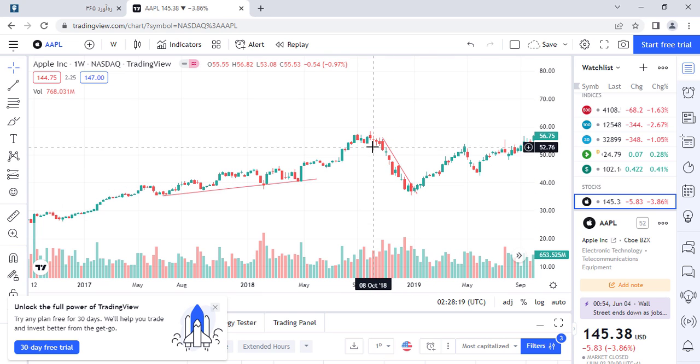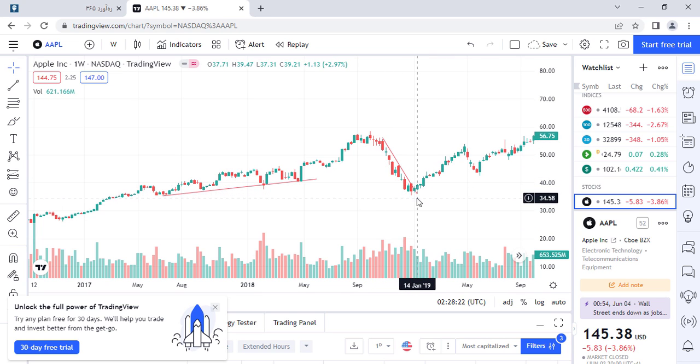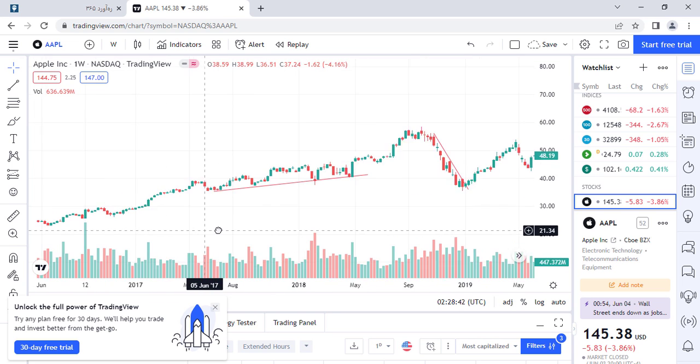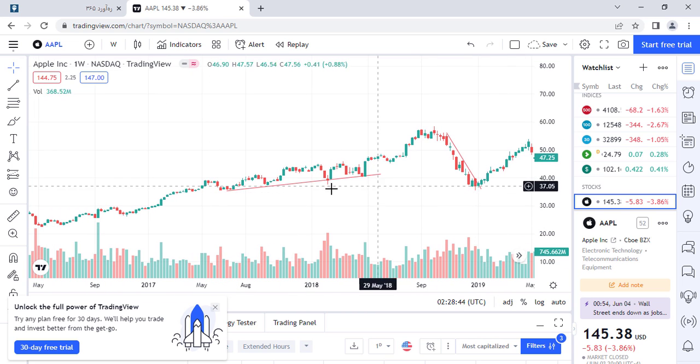Yes. It has broken downward trend resistance line. Three bullish candles and another. This is a good signal to buy this symbol.